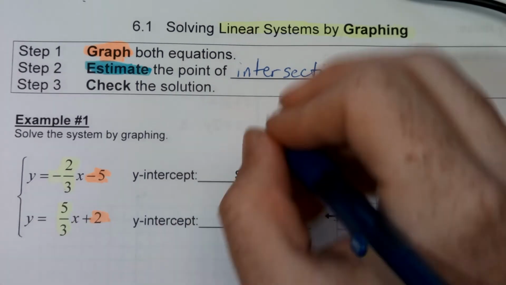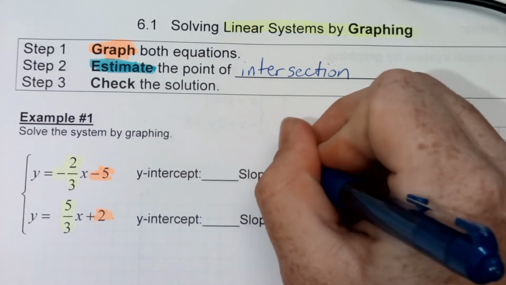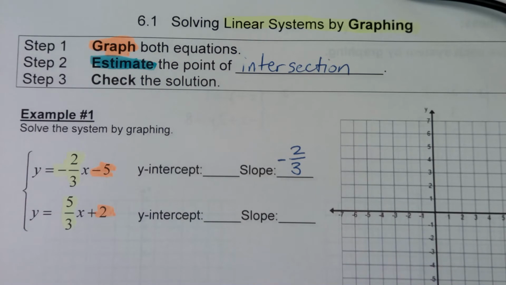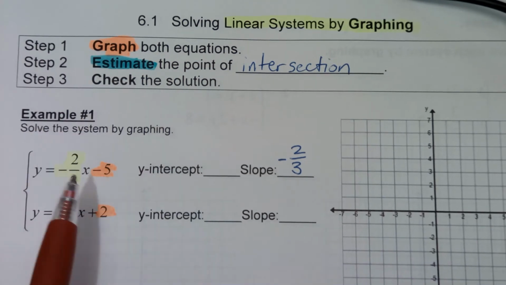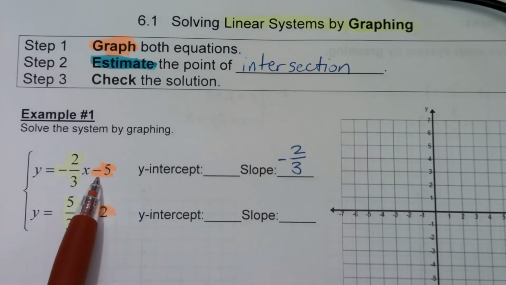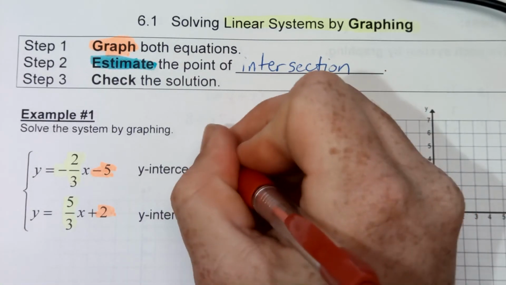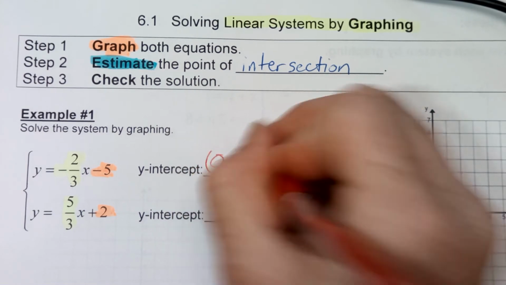So I know that my slope is negative 2/3. My y-intercept is my b, what comes after my mx. What comes after my mx here is a negative 5. So my y-intercept is 0, comma, negative 5.